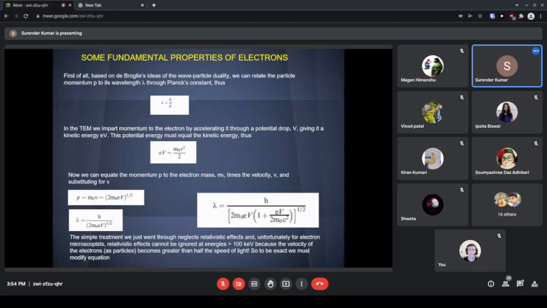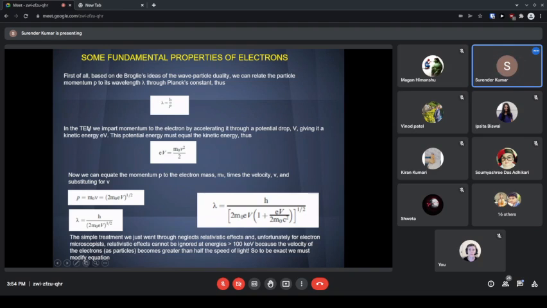If we talk about the wavelength, I think this relation is very common. The wavelength is given by this relation, where this is the momentum and this is the Planck's constant.